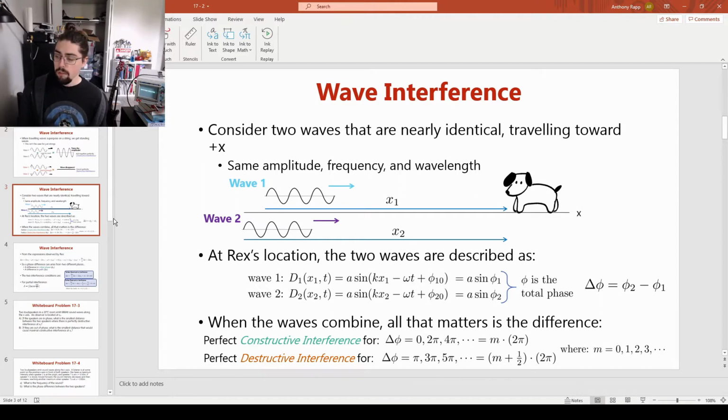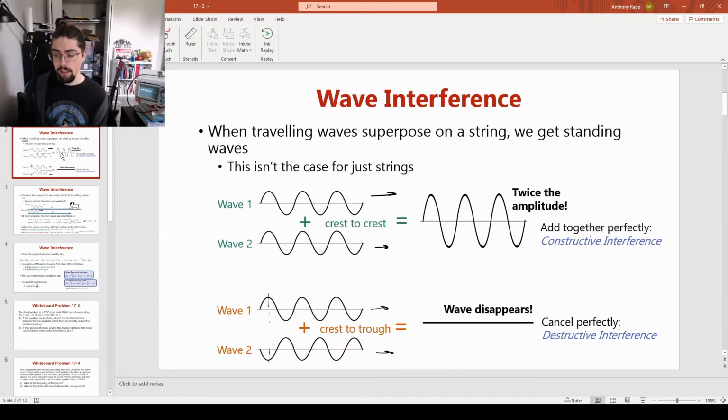Now remember here that phi is the total phase, not just the phase constant, but it's everything included here in the parentheses. So I've got my phase 1, I've got my phase 2. This interference will depend on the difference between these two phases, right? Where they are at in the wave. So for example, looking at something like this, let's go back to this picture.